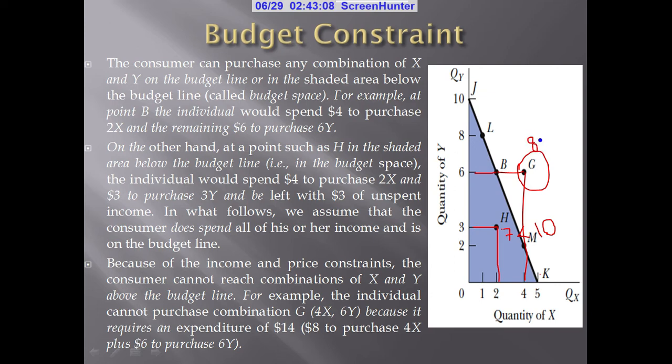It means the total budget required to purchase this combination is 8 plus 6. 8 is the total expenditure on commodity X and 6 is the total expenditure on commodity Y. The individual needs $14, and the income of the individual, as we know, equals $10. So this is not affordable for the consumer to purchase.